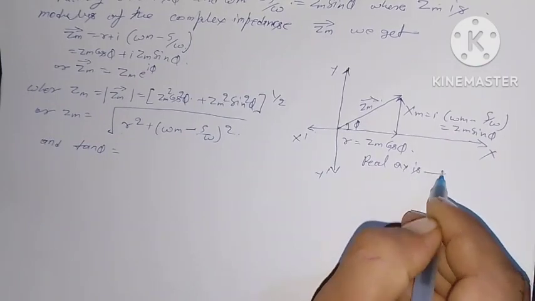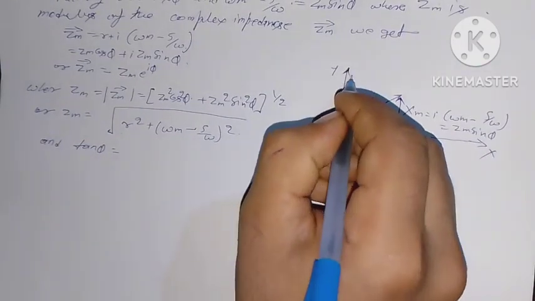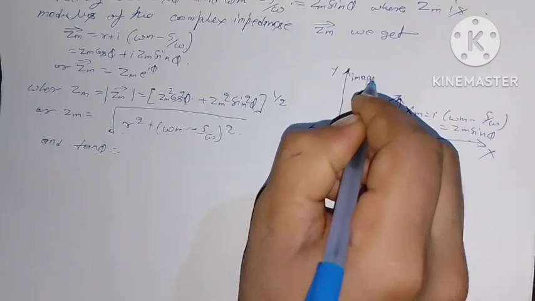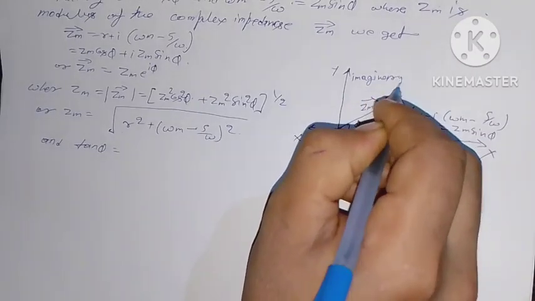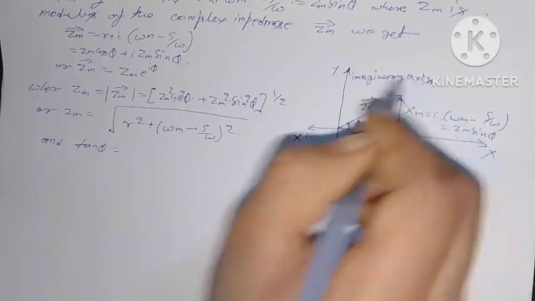The real axis is this, and this is the imaginary axis.